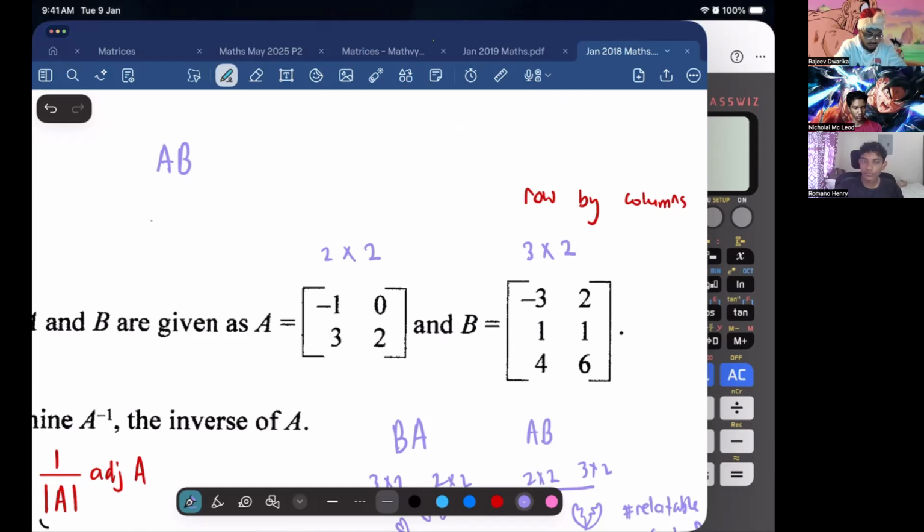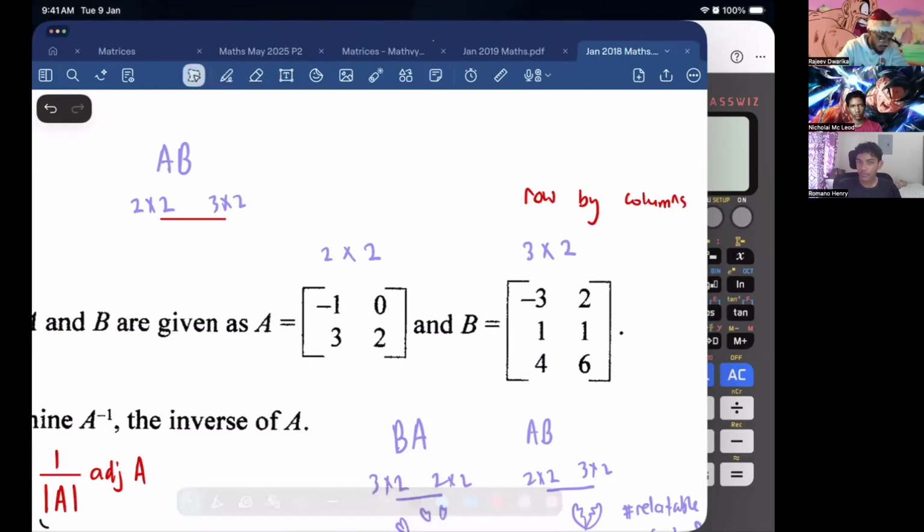A was our 2 by 2, and B was 3 by 2. I want you to zone in on the numbers in the middle. Are they the same? Is 2 and 3 the same number? No. So it's not compatible. If the numbers in the middle are not the same, it's not compatible. Does that clear up the confusion?